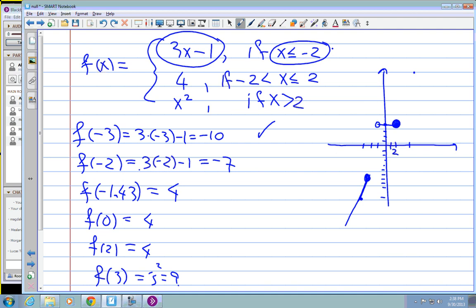This point, 2, 4. And from there on, it will continue going like a parabola. Where did the 4 come from? Well, what is 2 squared? 4. So technically it should have a circle, because 2 is not part of it, but 2 also gave us a 4 on both ends, so it actually connected.